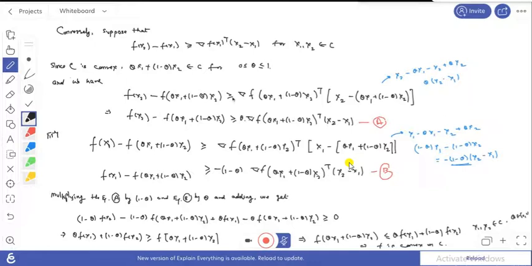Okay, so next theorem. On the next page there is an important theorem.